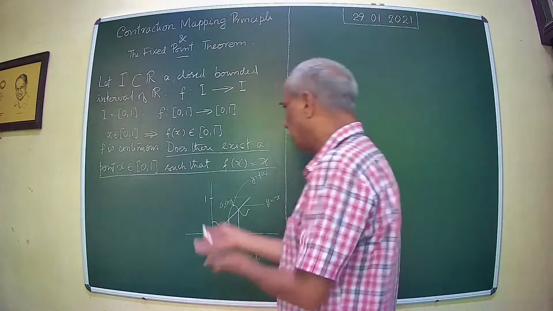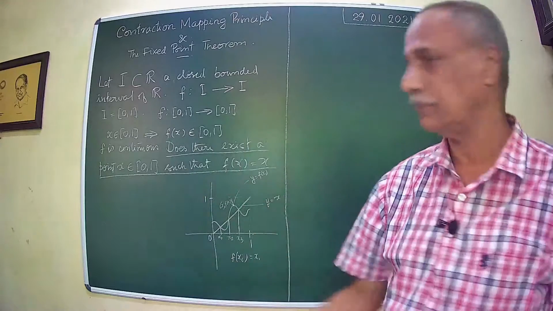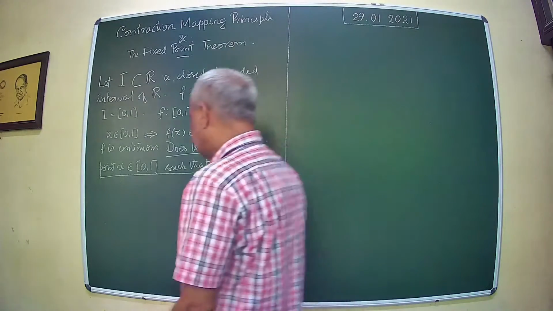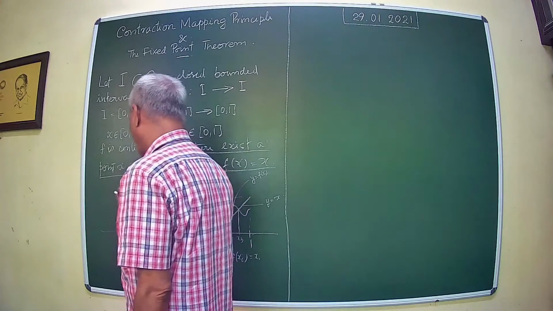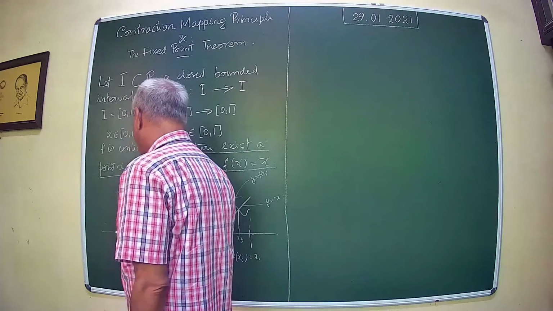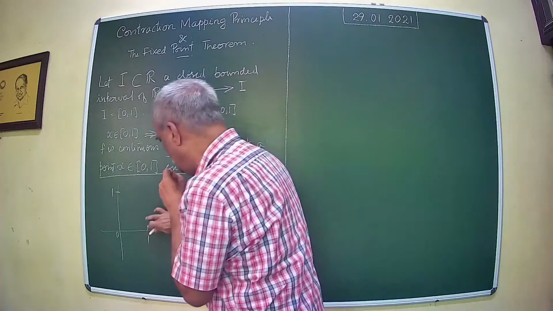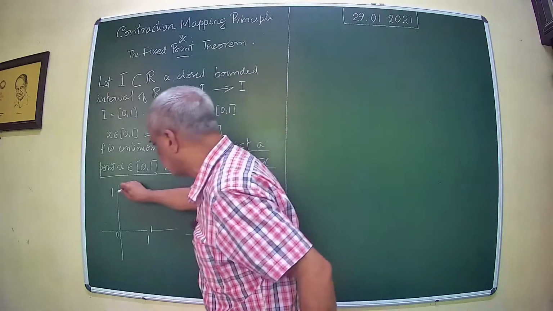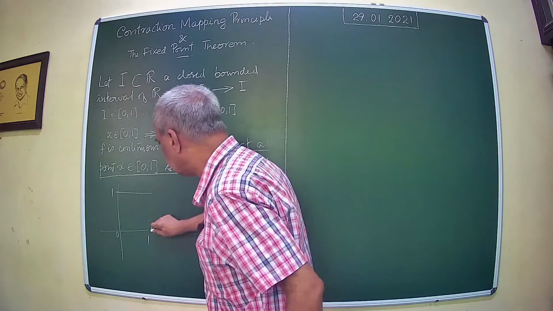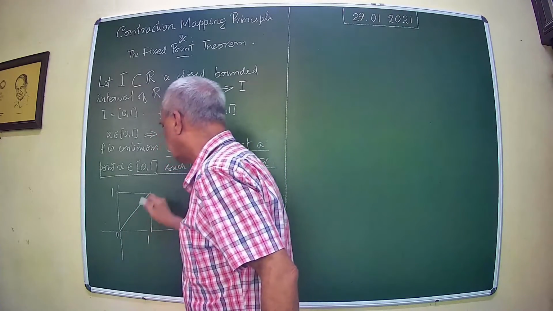Now let us see, I have not assumed anything here, I have not even said that f is a continuous function. Okay, so let us consider the same problem with a discontinuous function.